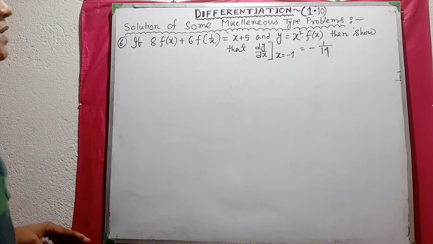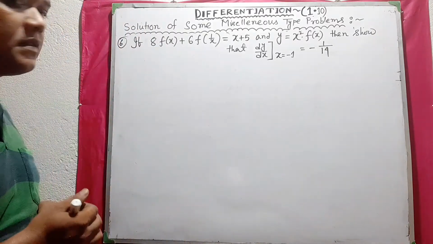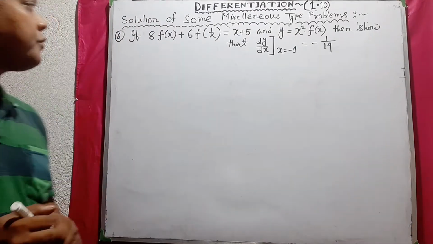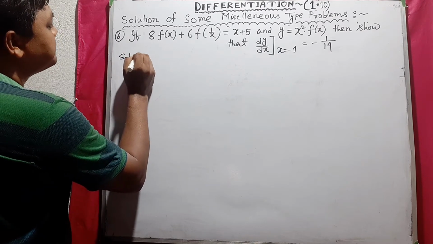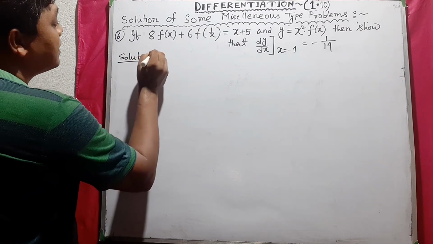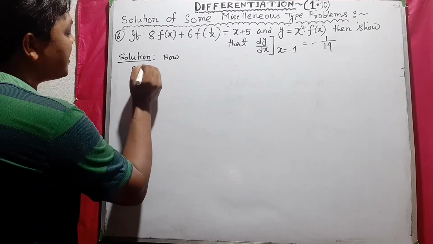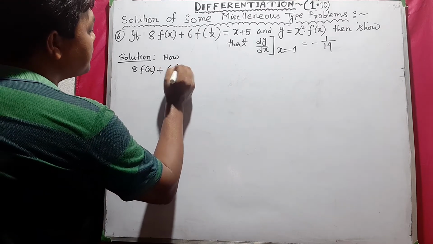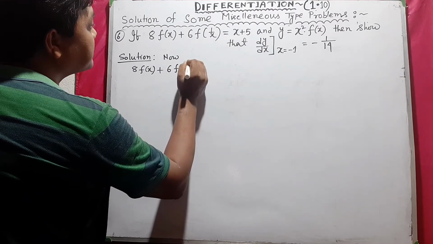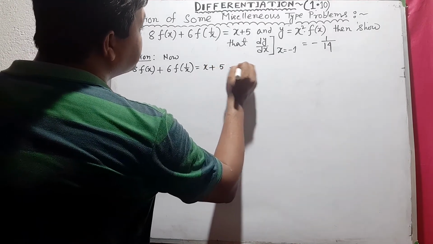So from this expression, we have to first calculate what is my f(x). So solution is that, now let us assume that 8f(x) plus 6 into f(1/x) equals to x plus 5. That is equation number 1.